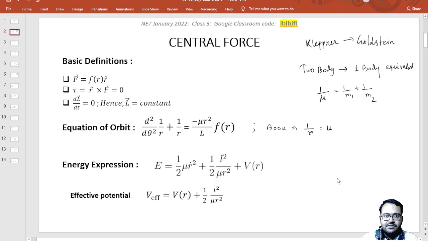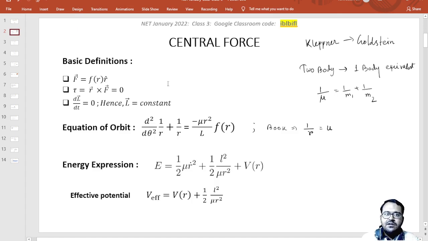You have r, you have theta, you have phi. Now if any force does not depend on theta and phi, so that it depends only on r, it will in general be directed radially. That is the central force.